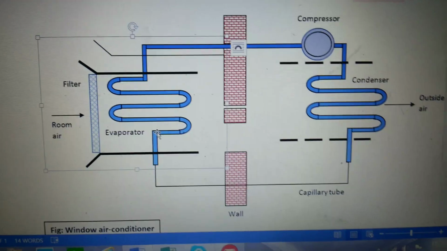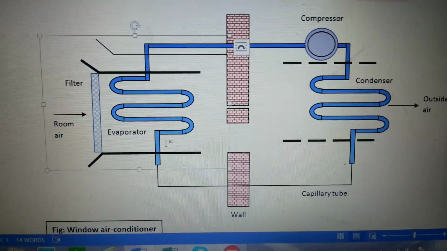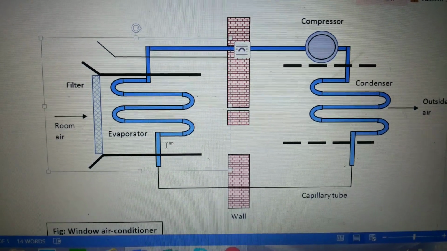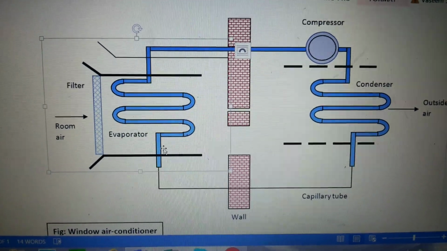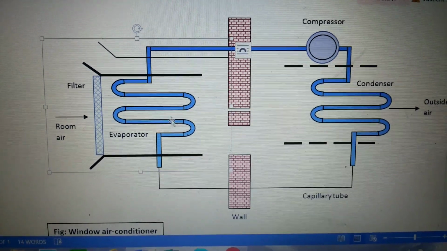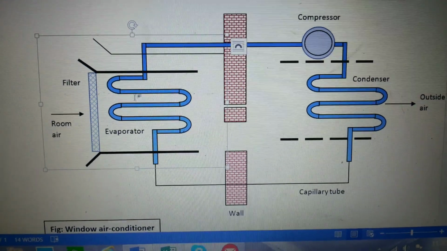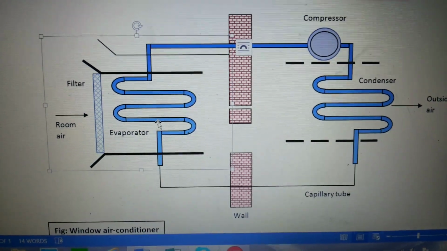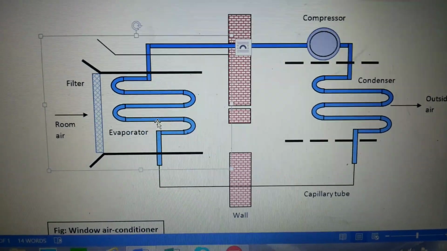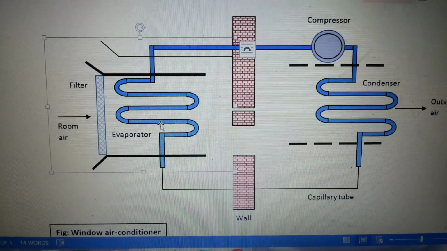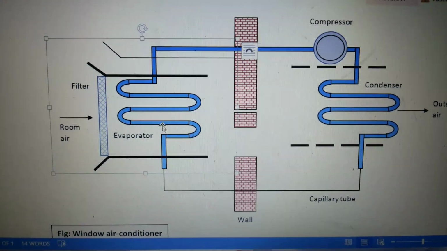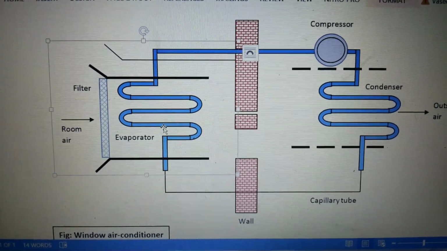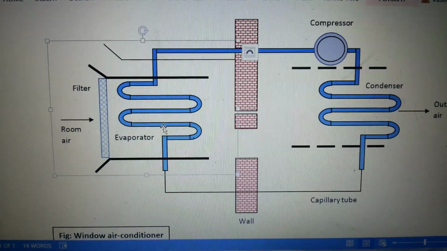Since the refrigerant is in liquid form at lower temperature, it absorbs the heat from the air, and the liquid refrigerant gets converted into vapor.